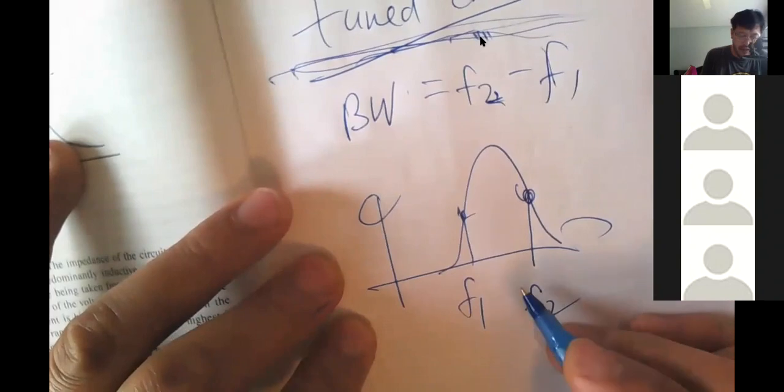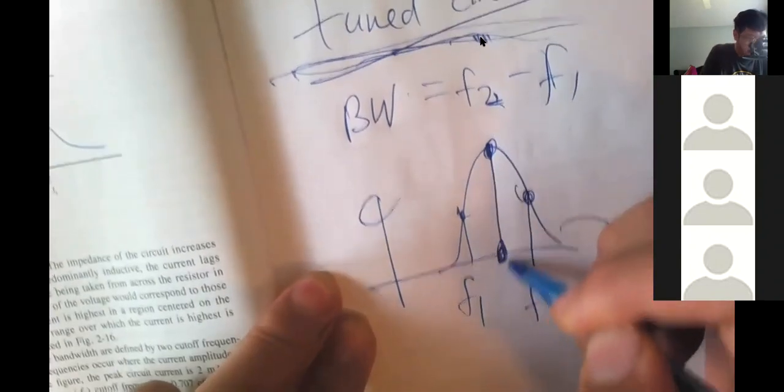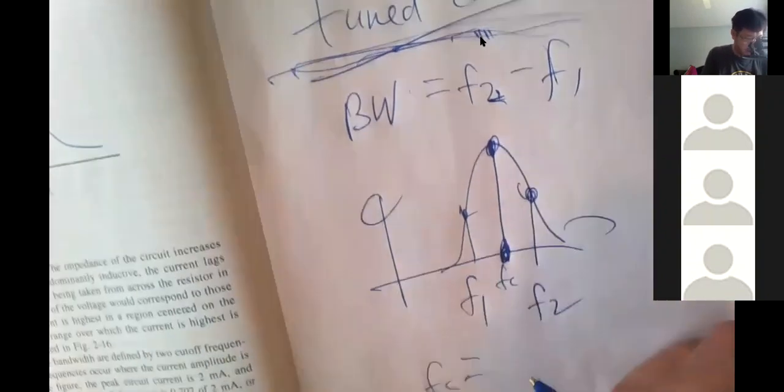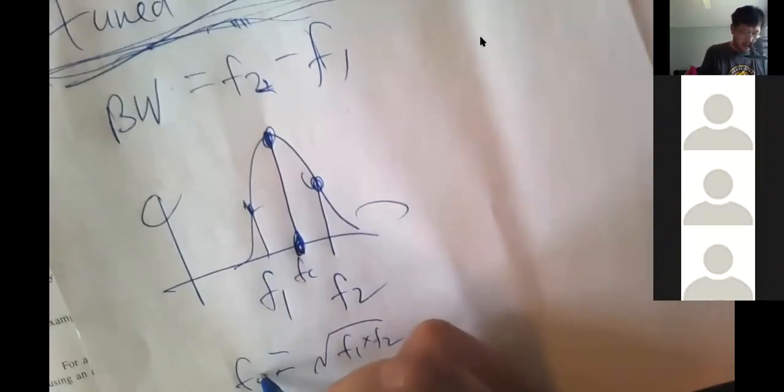That's your bandwidth. Second, we're interested in the center frequency. That's the center frequency. It's not perfectly centered.